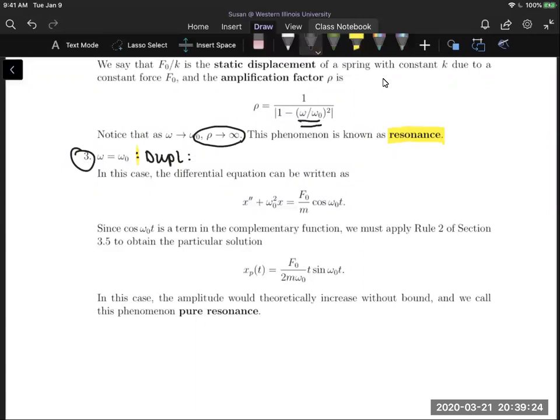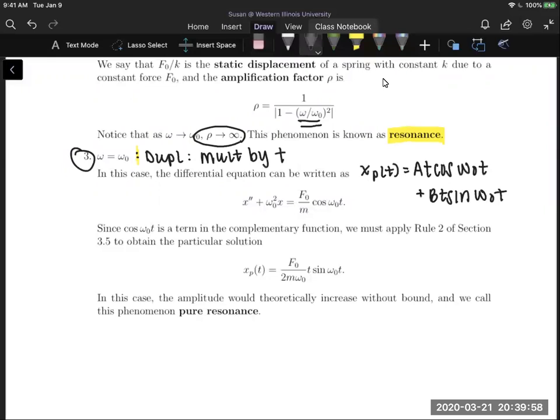Now, since we only had a single sine and a single cosine in the complementary function, multiplying by a single t is good enough. So our particular function is now going to take on the form a t cosine of omega naught t plus b t sine of omega naught t. So again, multiplying each of those terms through by t.